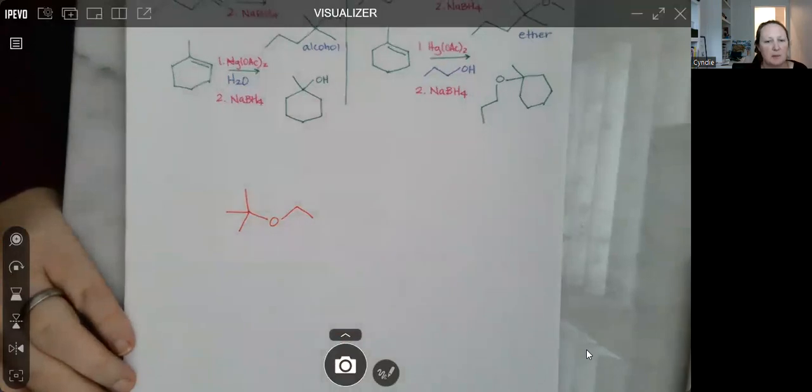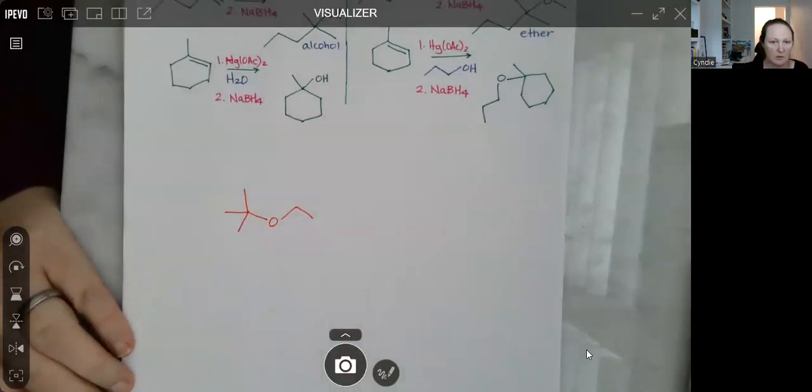Okay, so how could we work backwards from this structure? What we want to do is think about how we can form an alkene, right, from this. And if there's a more substituted carbon and a less substituted carbon on the alkene, then that would be ideal, because of course the ether will form on the more substituted carbon, right?